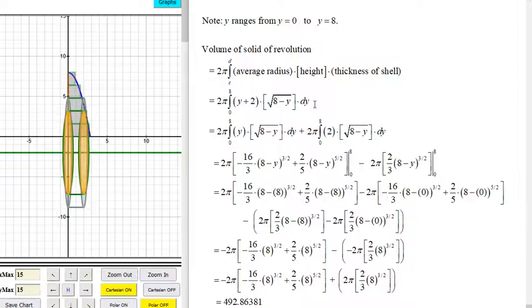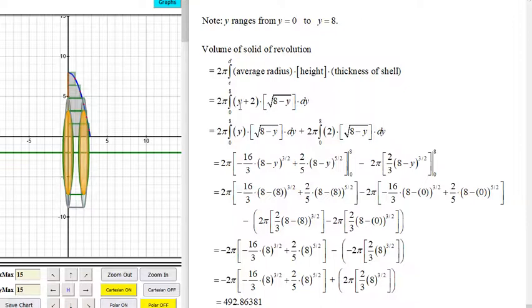And so to set up the integral to get the volume of the solid of revolution, the average radius will be y plus 2. The height is the square root of 8 minus y, and then the thickness is dy. And to integrate something like this, we can split it up like this.